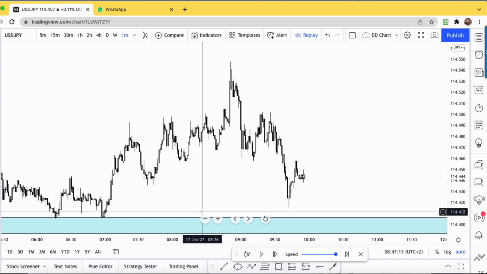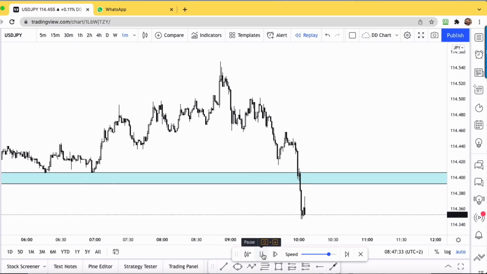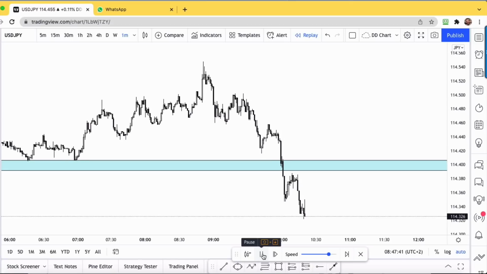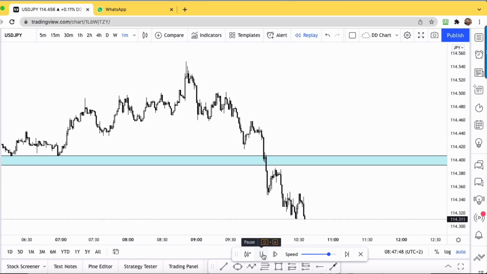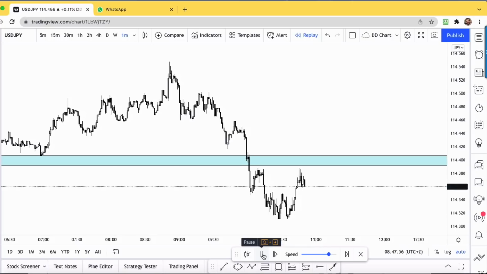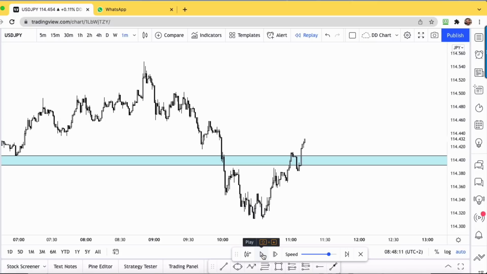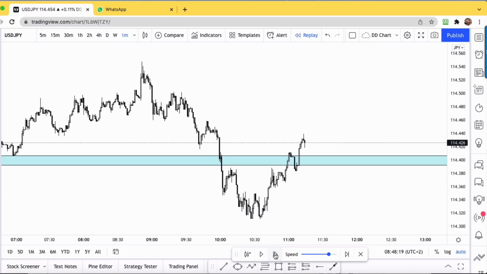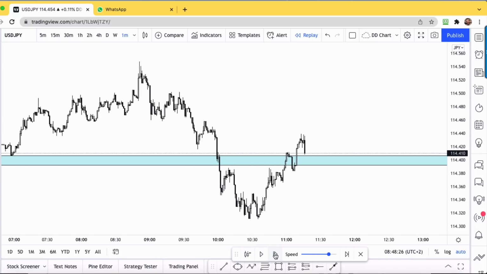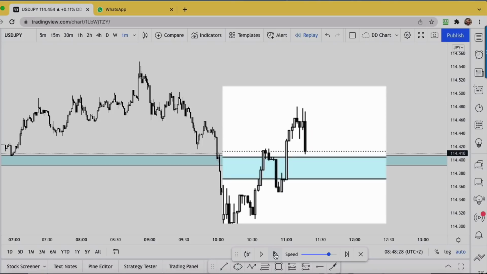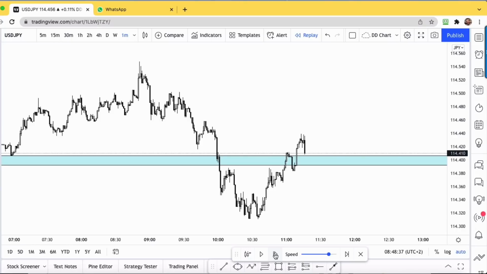It's 8 a.m. in the London market, and we're going to see how it goes. Okay, so over here we definitely are seeing that it's pulling back after the break of this support line. This is, again, the 4 hour support line over here that's in blue.